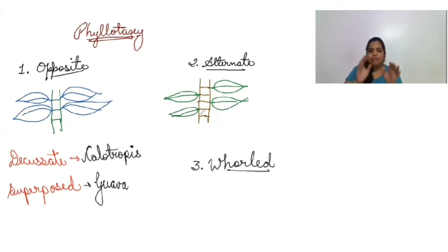Clear? If you remember these arrangements through the pictures, you can easily recall the arrangements of leaves during the exam. Coming to the examples, there are 3 examples and all of them are very common to you. First one is China rose. Second example is mustard. And the third example is sunflower.